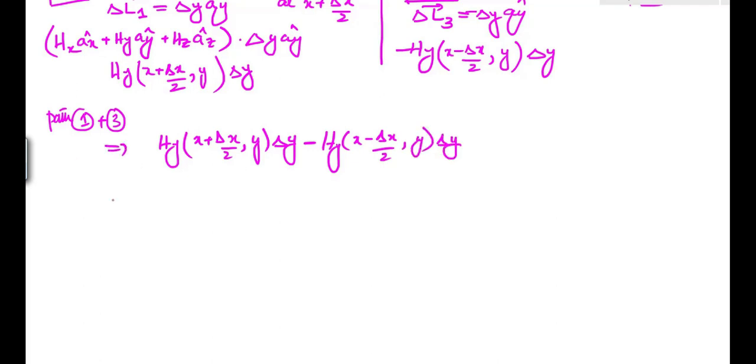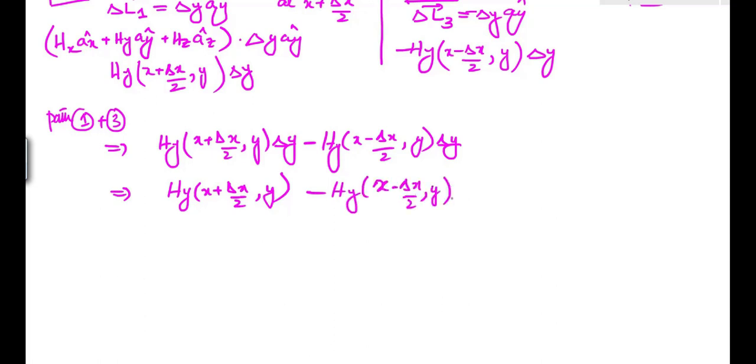We can take delta y common and write this as Hy at x plus delta x by 2, y minus Hy at x minus delta x by 2, y, times delta y.